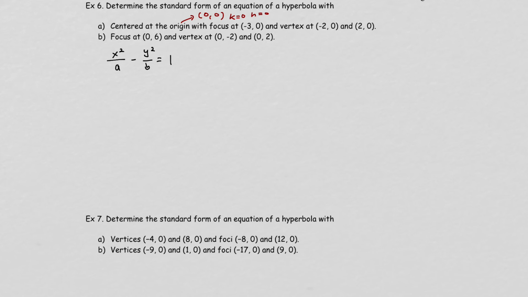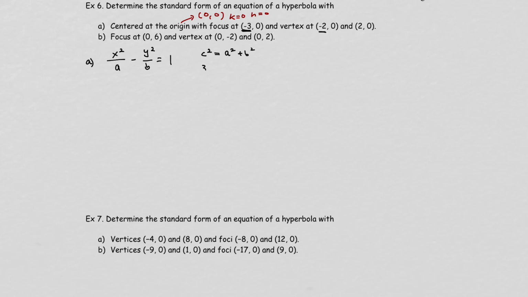Now we wanted to see if we can find a and b. And this is the problem A we're working on. We can find a and b by using c squared equals a squared plus b squared. We know that c is going to be 3 and a is going to be 2.